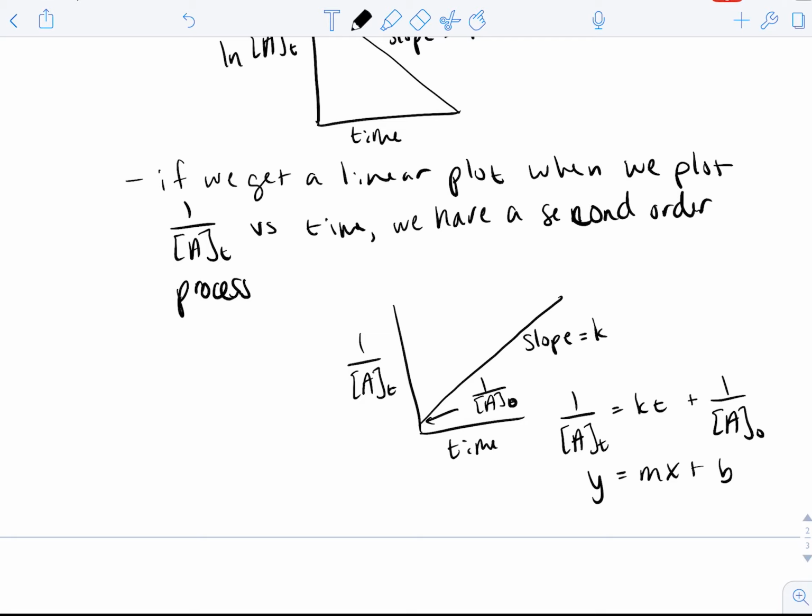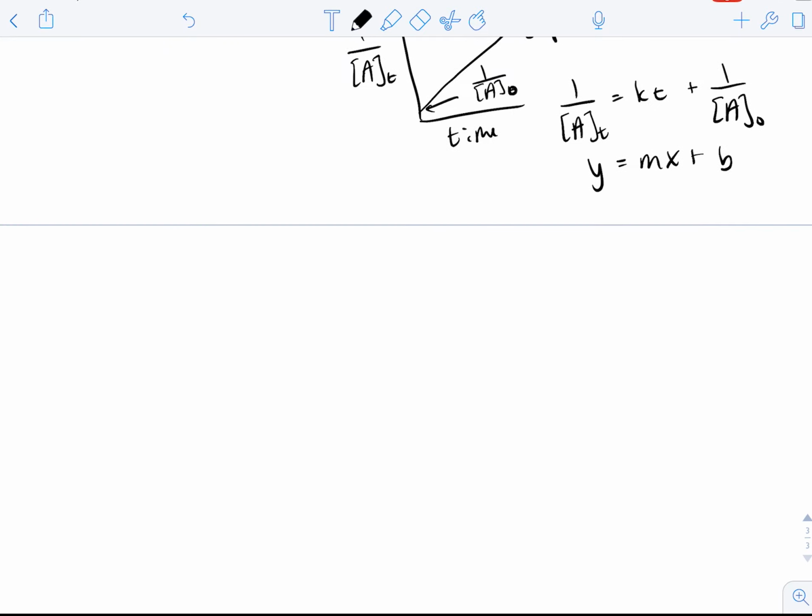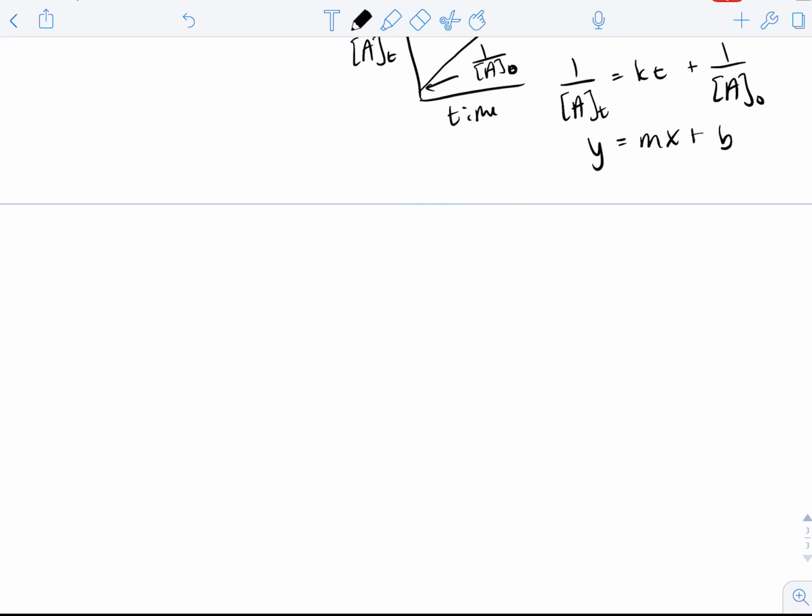Okay. The next thing we want to relate is our half-life and rate constant. So a half-life is the amount of time it takes to consume half of our reactant.